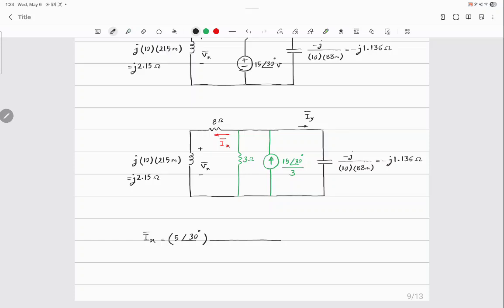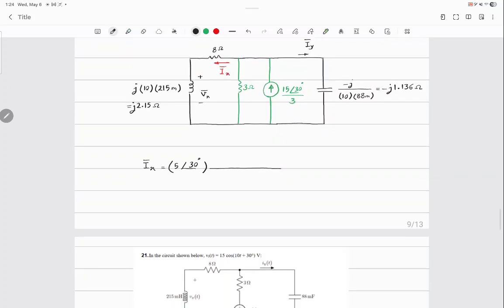It's very important for me that you are able to tell me what is the current division here, because that's completely based on your knowledge of the first 2 parts of this course, not the third part. How do you do a current division?